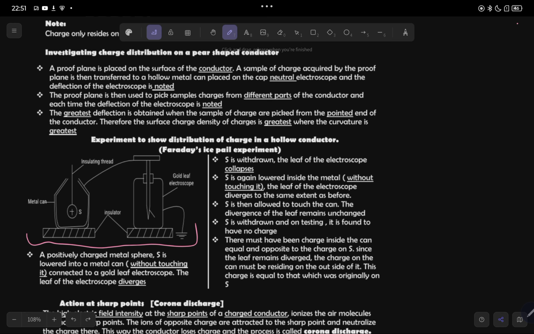So it induced an equal in magnitude but negative charge on the inside wall of the can, and it will repel the positive to the outside. Now, when it touches the inside of the can, the negative charge on the inside of the can will neutralize the positive charge on the metal sphere. But the positive which had been repelled to the outside remains on the outside walls of the hollow can.